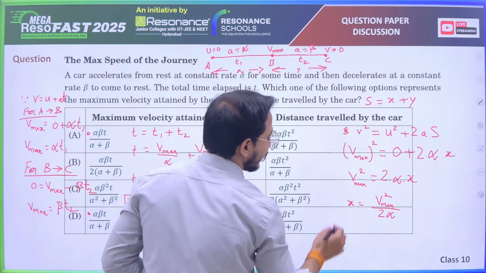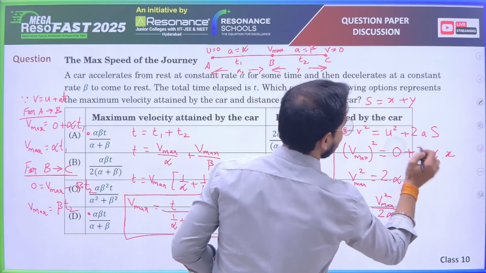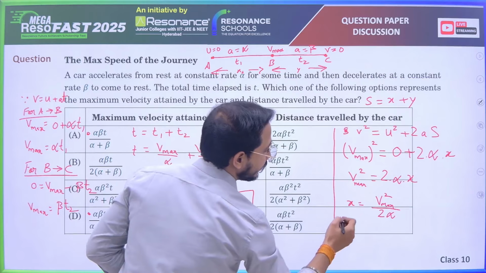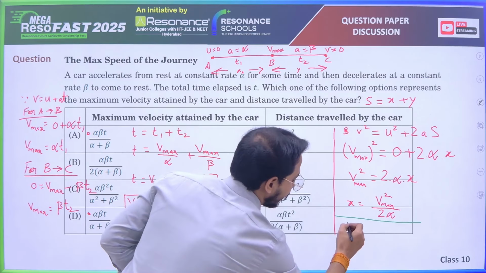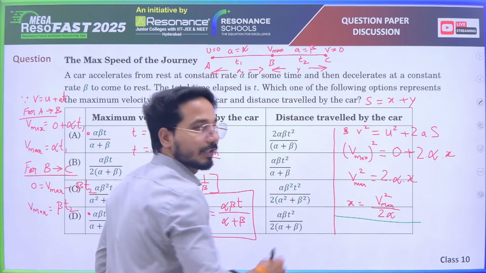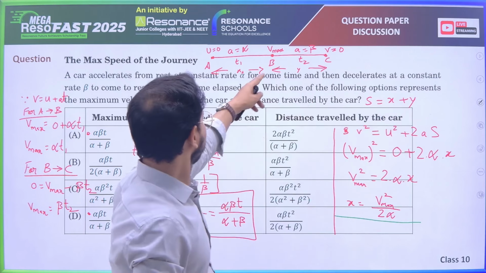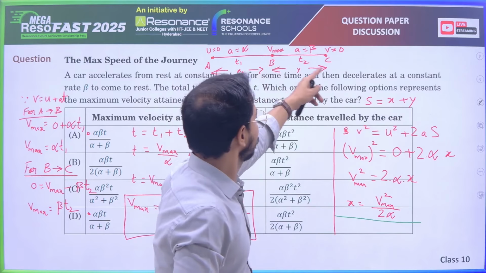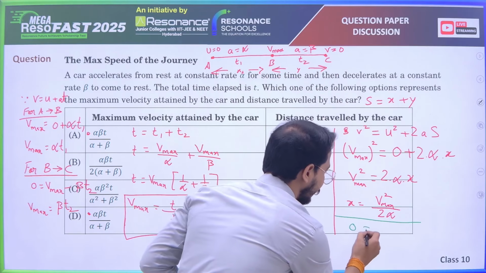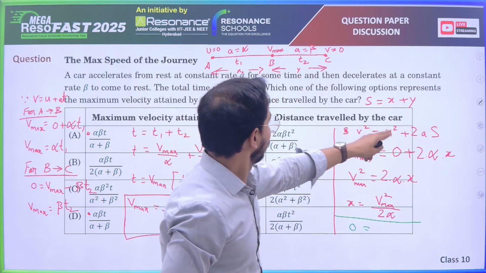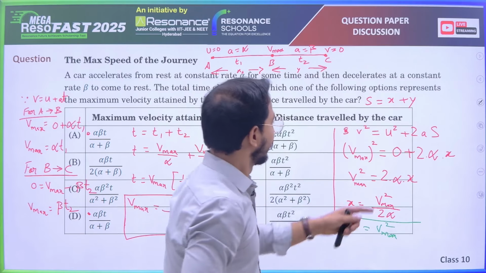Similarly, solving for y, we apply the same formula, the third equation of motion, v square is equal to u square plus 2as. For y, the journey from B to C, the final velocity is 0 and the initial velocity gives u square as Vmax square plus 2as.